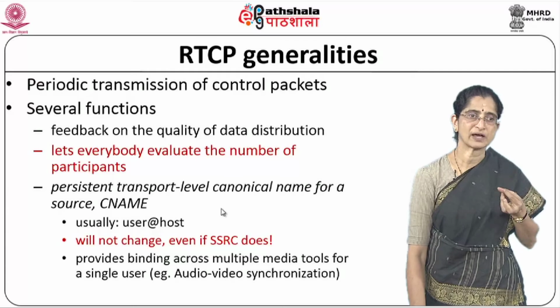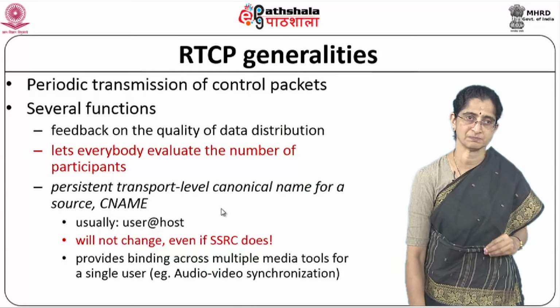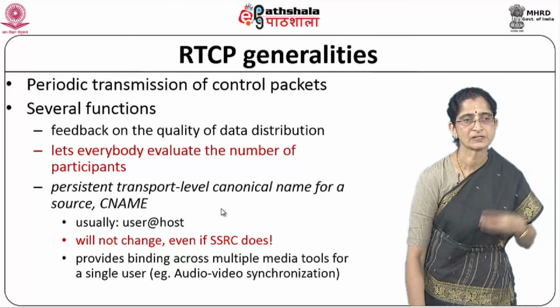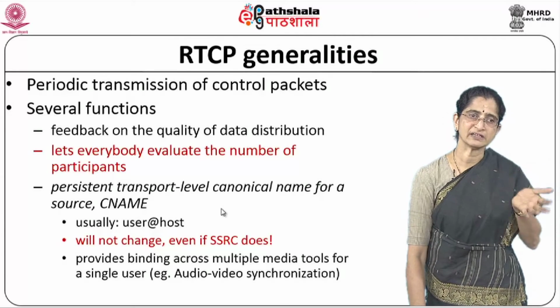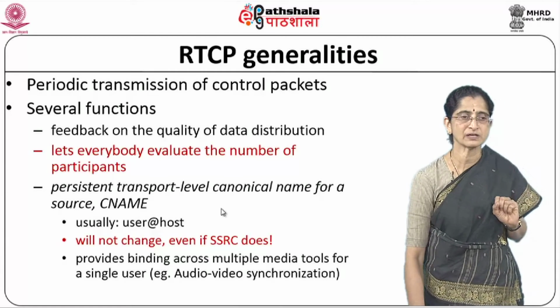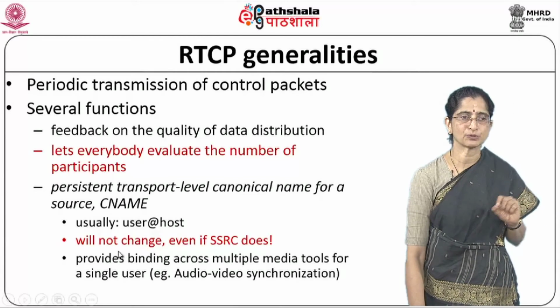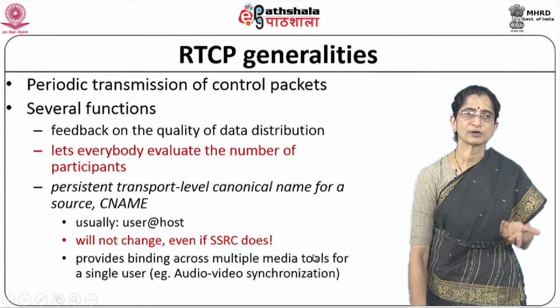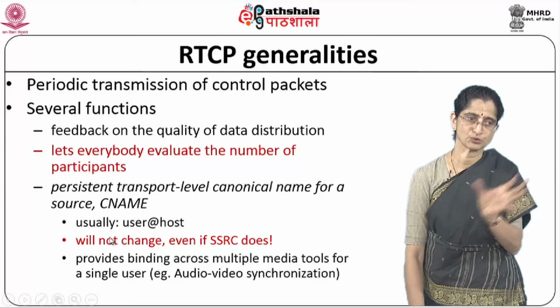So, that requirement is taken care of in the RTCP protocol, because remember RTCP is after all a companion protocol to RTP. So, the responsibilities are shared between RTP and RTCP. As part of the RTCP protocol you will be able to specify a canonical name for a source. Normally you can specify something like user at some host.